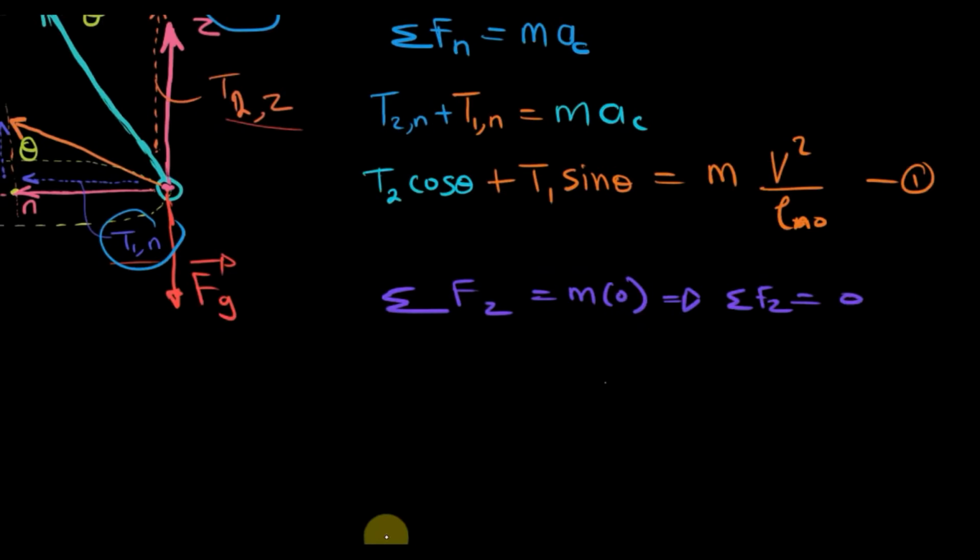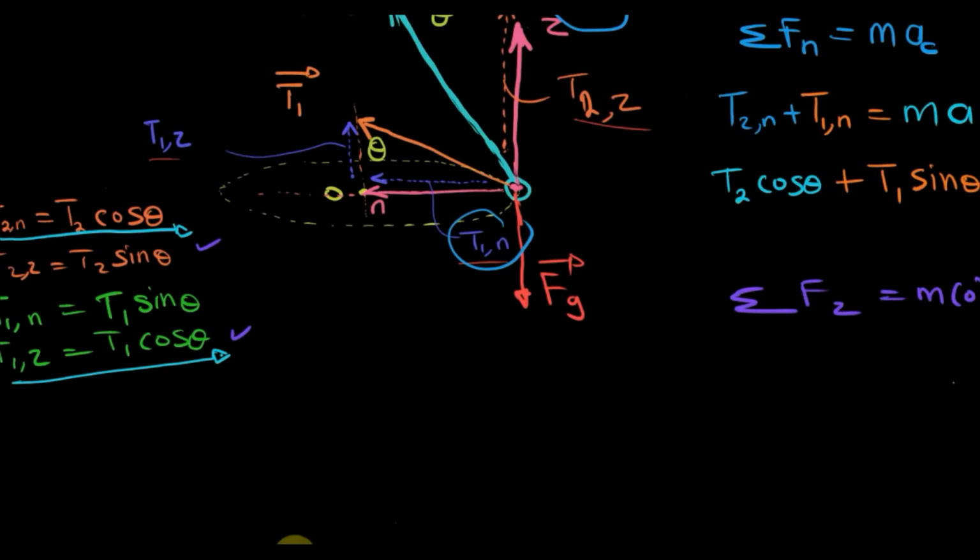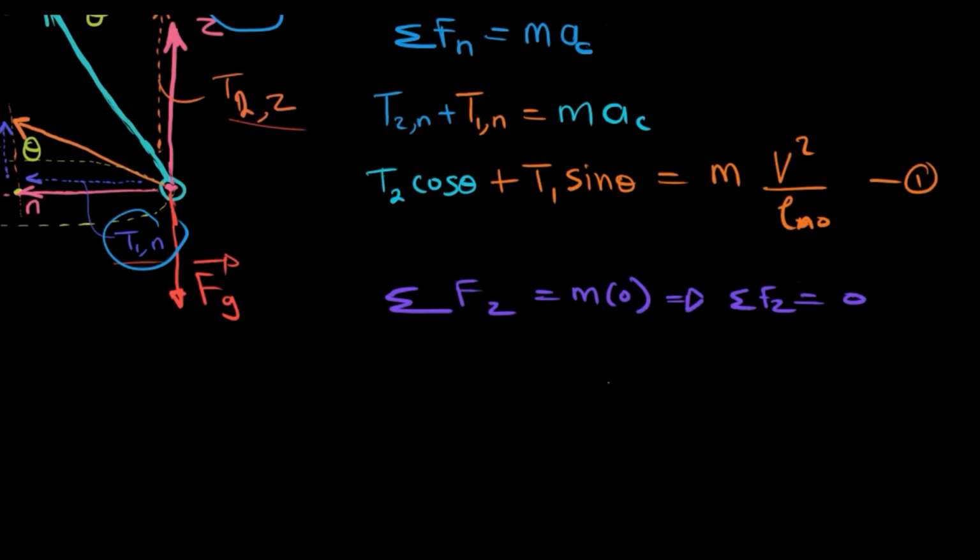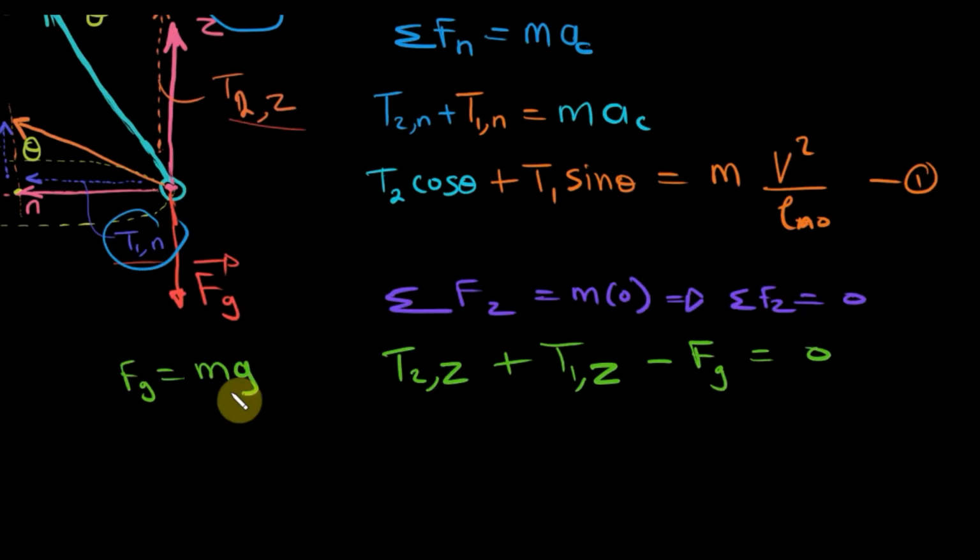So we have T2Z plus T1Z, and we also have the weight. Don't forget the weight. Minus Fg equals 0. About the weight, we know that the weight is equal to mg.